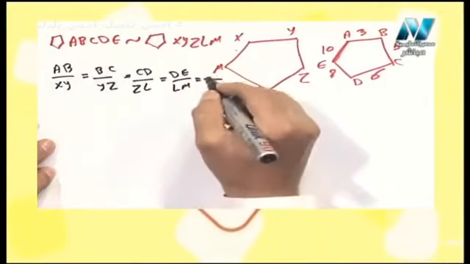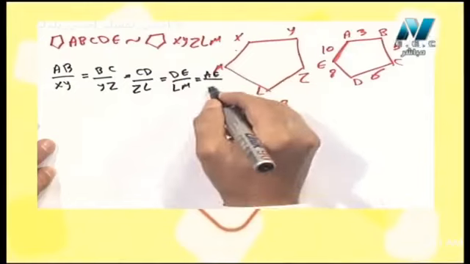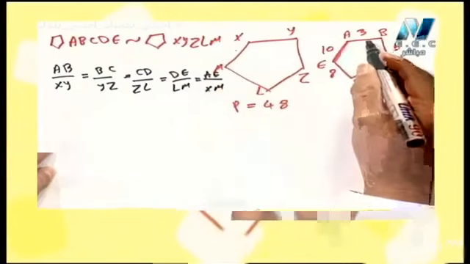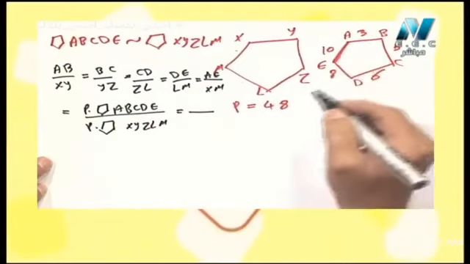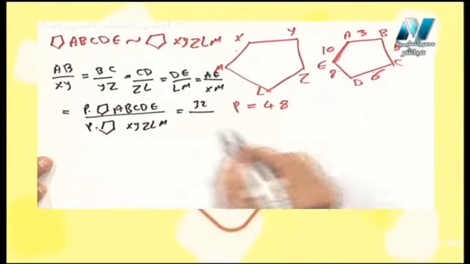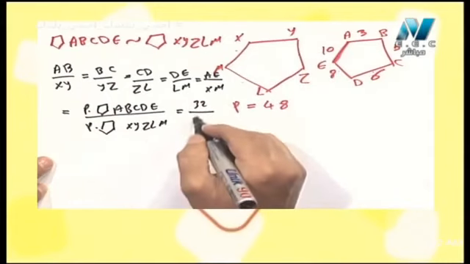Finally, AE over XM. The perimeter of the first one: 3 plus 5 plus 6 plus 8 plus 10 equals 32. And the perimeter of XYZLM equals 48.